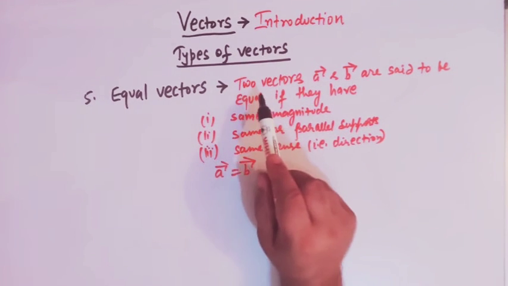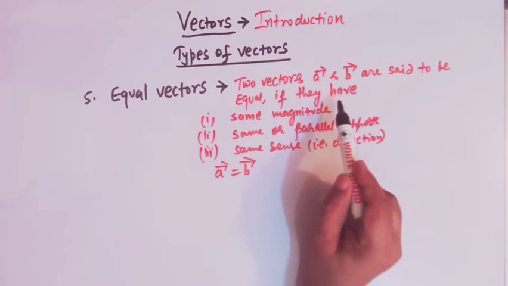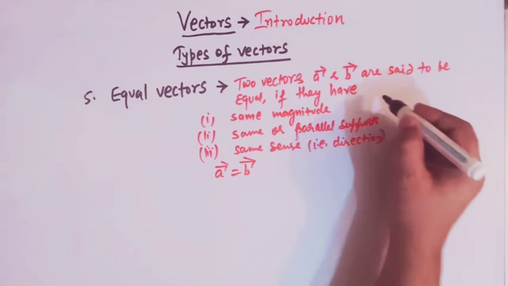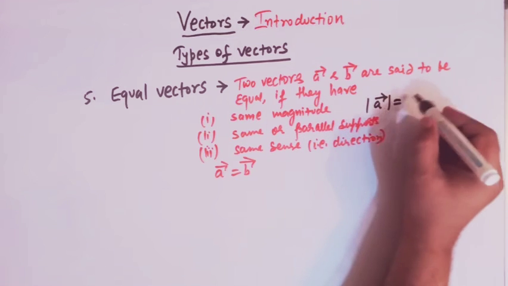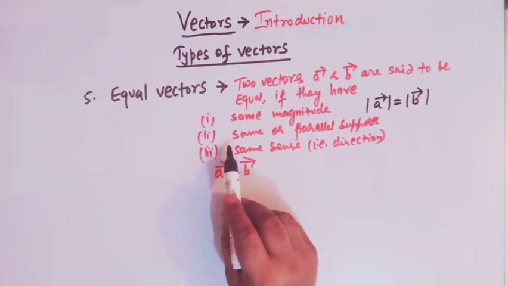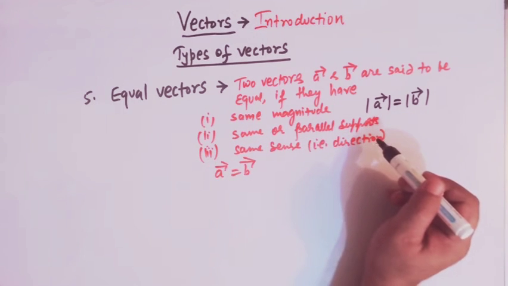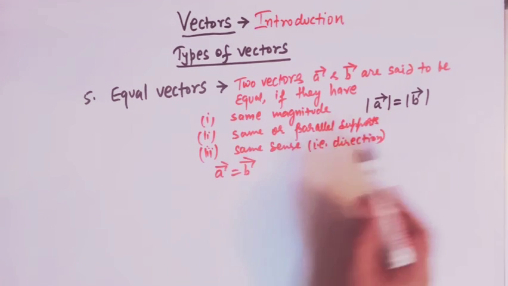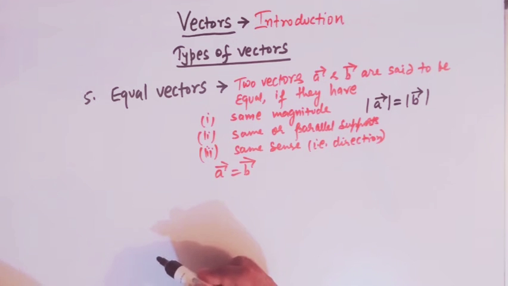Now come to the concept of equal vectors. So what are equal vectors? Two vectors A and B are said to be equal if they have the same magnitude, right? That is, the magnitude of vector A is equal to the magnitude of vector B, and the second thing is they have the same or parallel supports. It means suppose the two vectors are taken from the same parallel line, right?